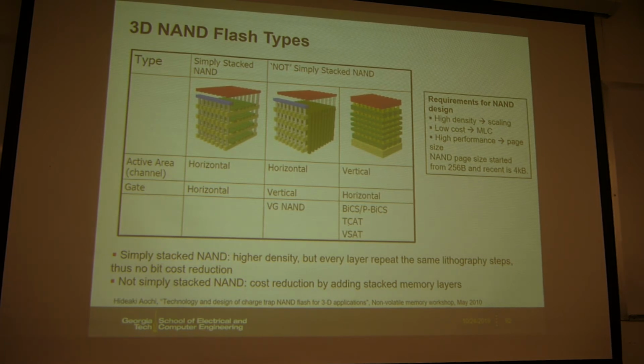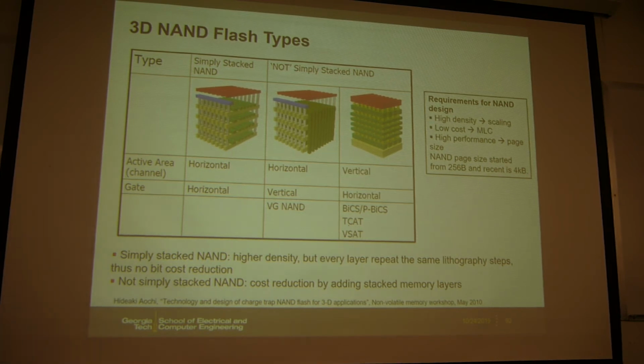But if you simply stack the NAND flash cell, then you are going to repeat the same fabrication step every layer. Then the number of litho steps increases with the number of layers. Then equivalently, you don't save too much fabrication cost per memory cell or per bit. The only thing you save is the substrate area, but that cost is a relatively small portion of the whole fabrication process.